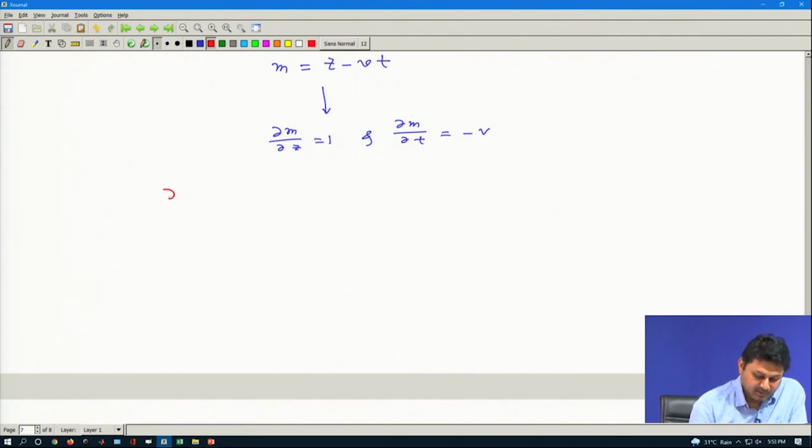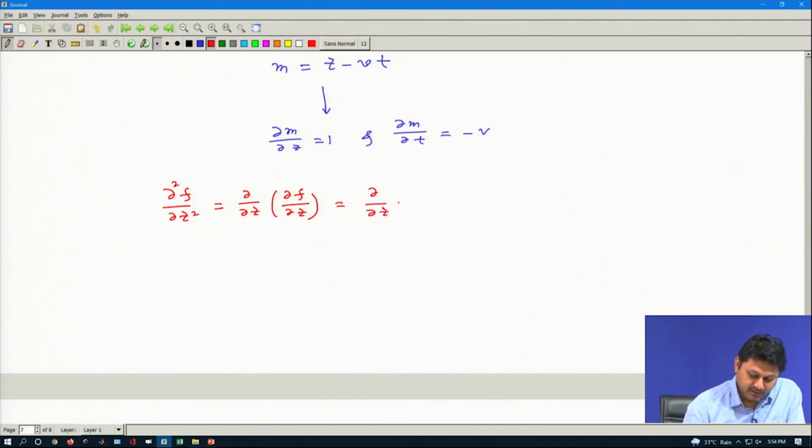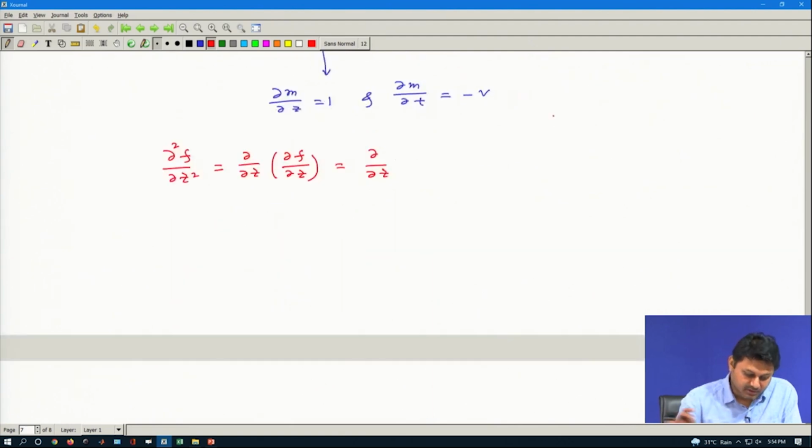So, I replace d2f/dz square, that quantity, I simply have d/dz of df/dz, and for df/dz I use the chain rule: d/dz of dg/dm and dm/dz. This dm/dz quantity is 1.